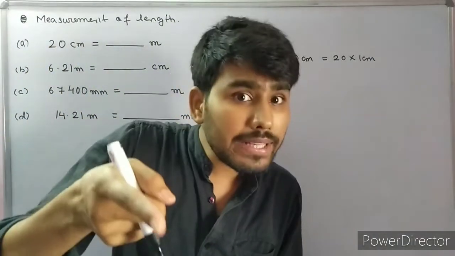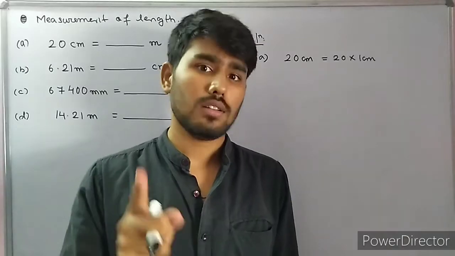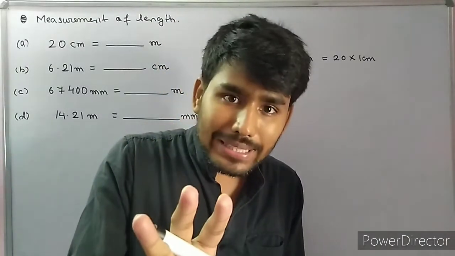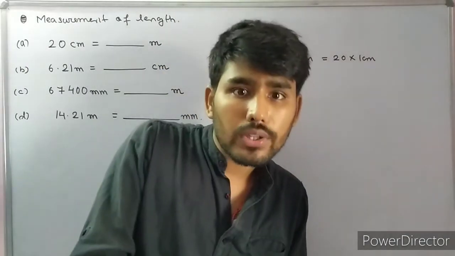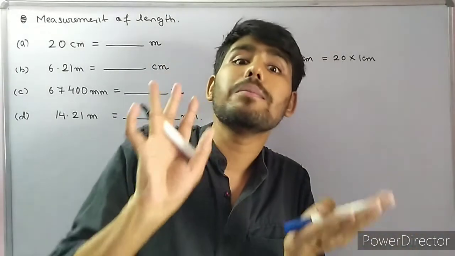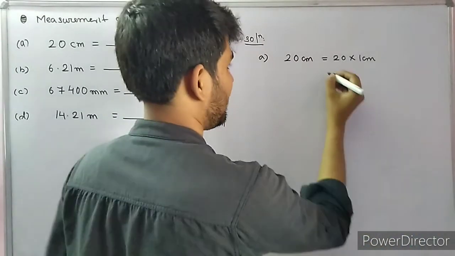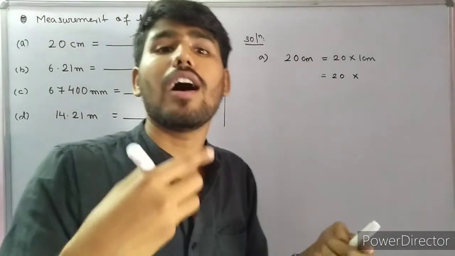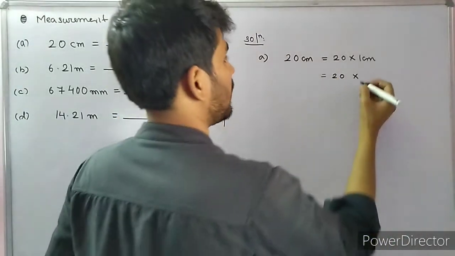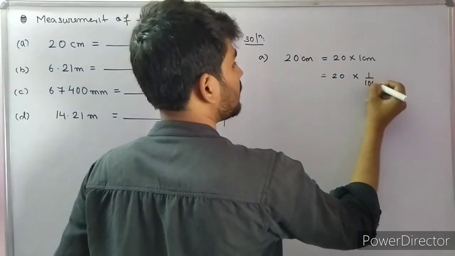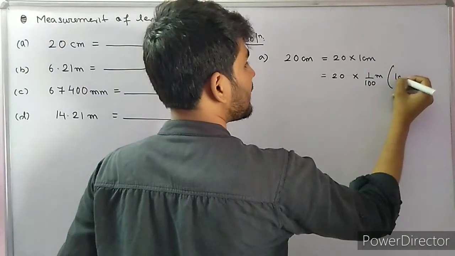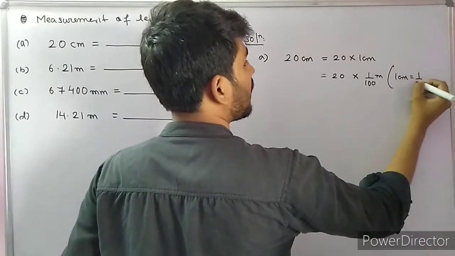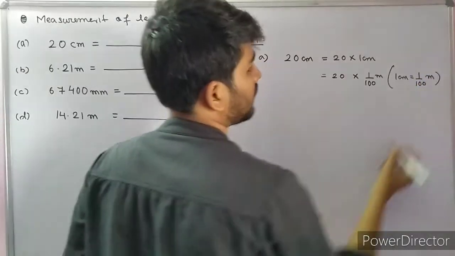Centimeter is a sub-multiple unit, meaning smaller than meter. How much smaller? 100 times smaller. If it is smaller, then we will divide, because 1 centimeter is equals to 1 by 100 of a meter.